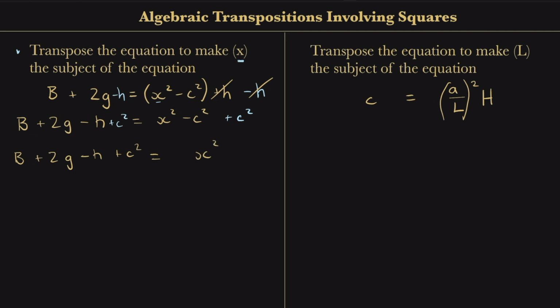And since I want singular x, not x squared, I'm going to put a square root over both of those. And then I can rewrite it as, I'm going to put x on this.